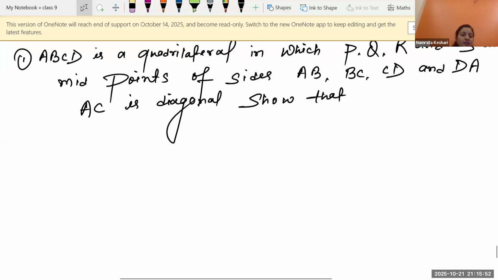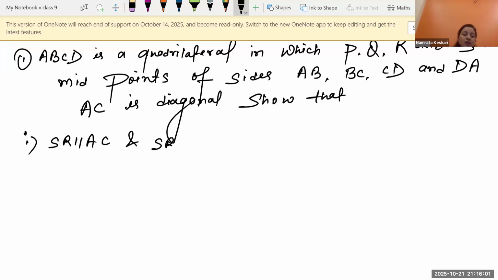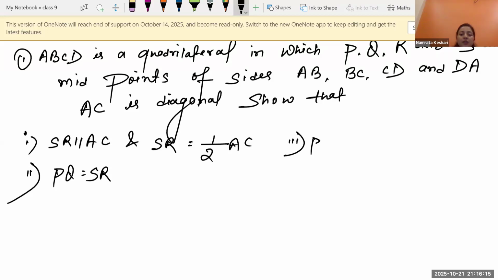Three parts are there which we are supposed to prove. The first one is SR is parallel to AC and SR is equal to half of AC. Next is PQ and SR are the same in length. And the third part is PQRS is a parallelogram. The figure looks like this.